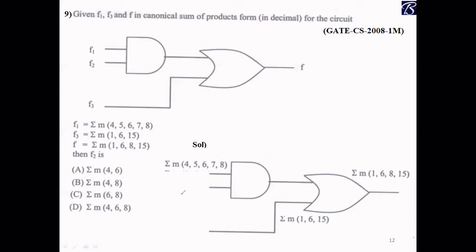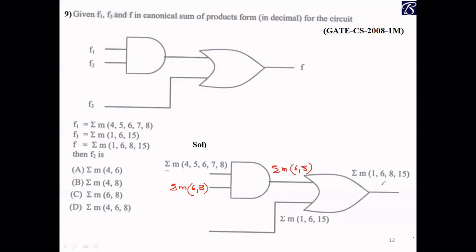Now let us check option C, sigma m of 6 comma 8. What is the output of the AND gate? 6 is present in both, 8 is present in both. So the output of the AND gate is sigma m of 6 comma 8.